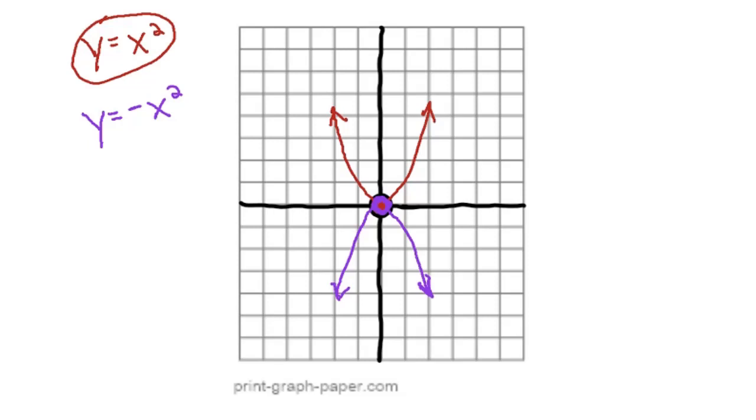Now if you want to shift things up, you'd go y equals x squared plus however many boxes you want to shift up, let's say 5. So you start from that original 0 in the middle and you count up 5. 1, 2, 3, 4, 5.